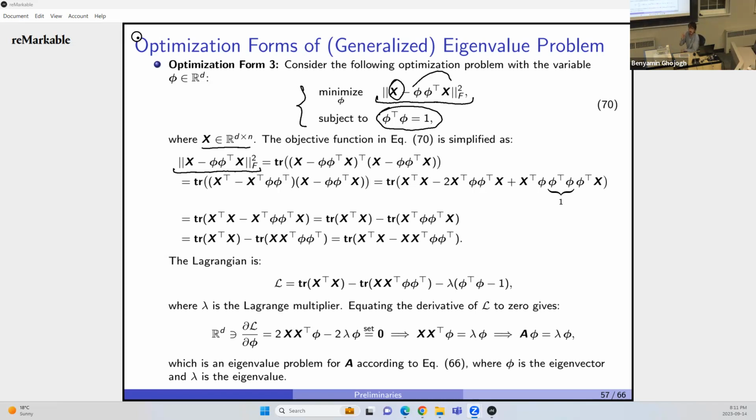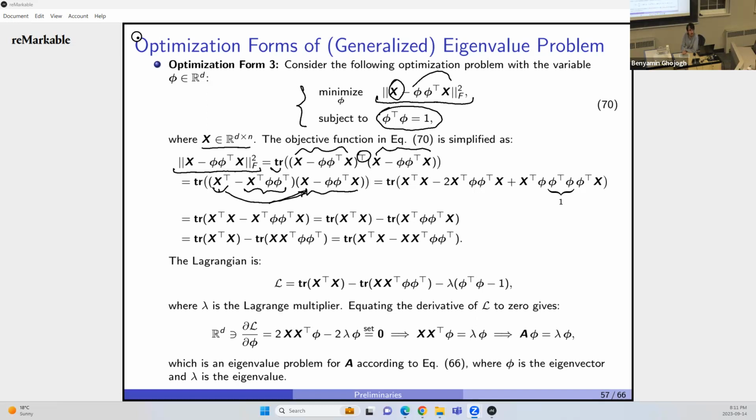I said the Frobenius norm of a vector squared is the vector transpose times the vector. But if it is a matrix, I need to have a trace also. So I have the trace of this transpose times this, right? And I know that when I have this, the first element transpose minus the second element transpose, but in matrix multiplication the order reverses, right? Now I can multiply the terms by each other: the first by first, first by second, second by first, second by second.